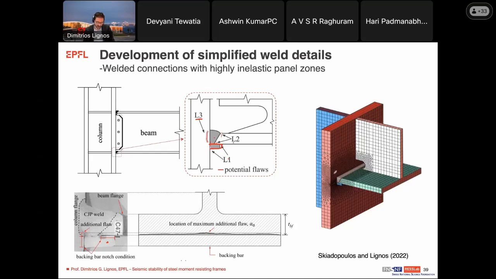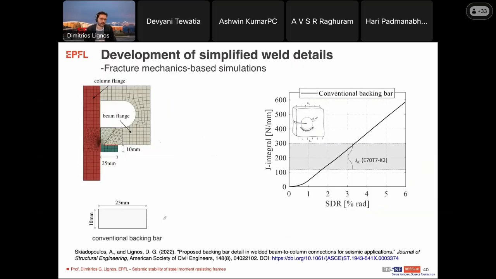These are sub-models where you see that this entire region is being carefully modeled. We paid attention to the potential flaws that you may have near the backing bar, and with conventional fracture mechanics, we tried to see if there are ways to reduce the fracture potential of these connections by changing the geometry of these plates.